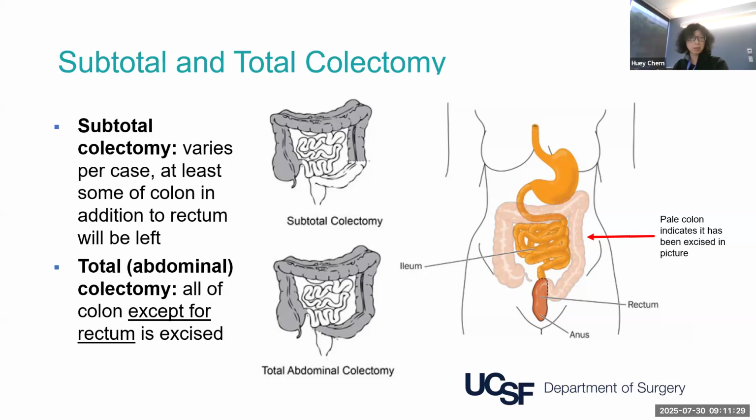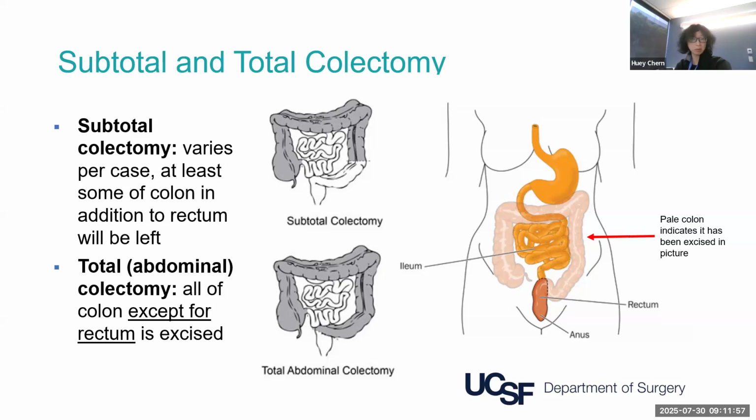The subtotal colectomy may be done for patients with pathology in multiple quadrants or in multiple areas in the colon. So multiple polyps, or a primary cancer, where you will take a substantial amount of colon, but maybe preserve some colon to help with bowel function.